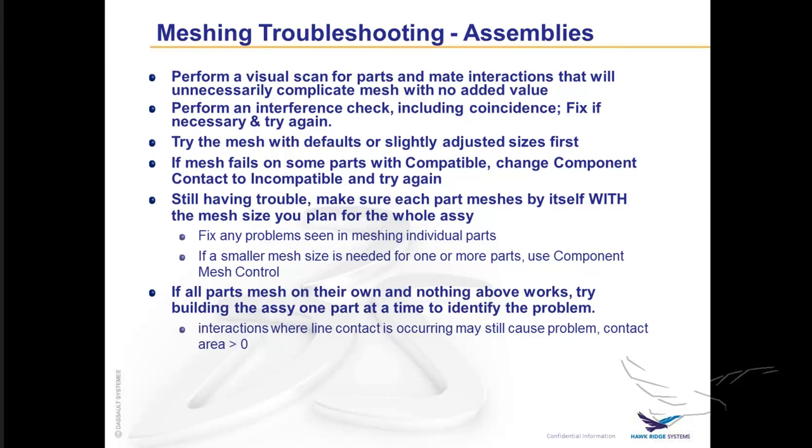You can also run an interference detection to ensure the component contacts are being applied properly. If all else fails, you can try the incompatible mesh and just deal with a slightly longer runtime. You can combine that with the piecewise approach to the problem and mesh individual parts, or suppress components of the assembly and mesh pieces of the assembly at the same time.